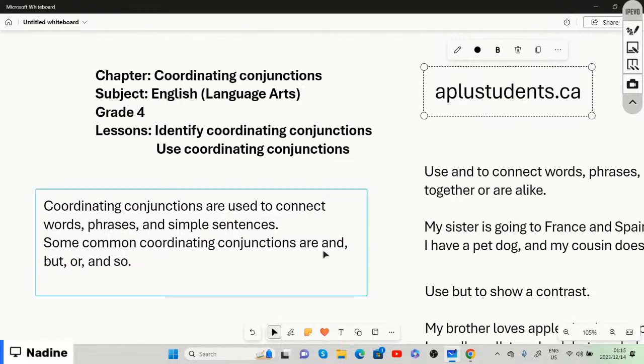These are our few coordinating conjunctions, which are and, so, or, and but. These are our most common coordinating conjunctions.